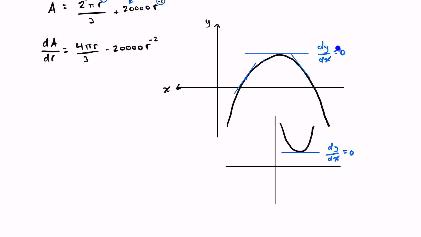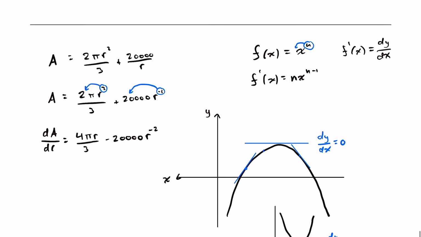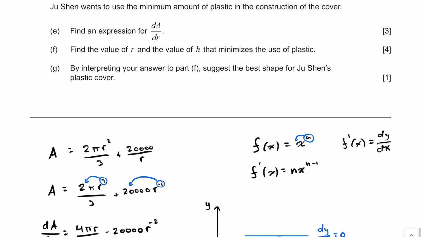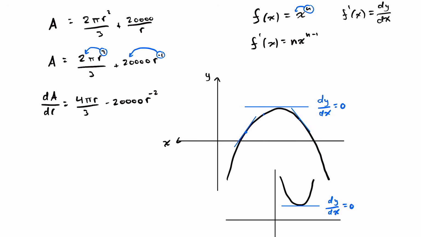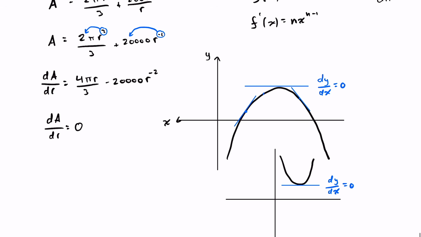So setting the derivative equal to 0 is how we can find a maximum or a minimum. So when they ask us to find a value of r that minimizes the use of plastic, what they're asking us, if it said hence, would be to set dA/dr equal to 0, and then solve. That might actually be the easiest way to work this out in the end. So we can use that, and I'll show you another method as well.